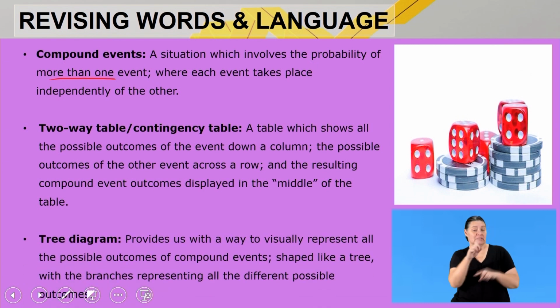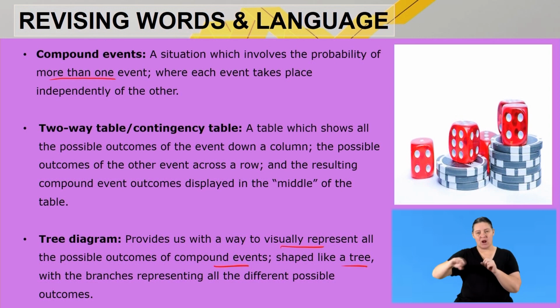And then I indicated here that a tree diagram provides us with a way to visually represent all the possible outcomes of compound events. It's shaped like a tree with the branches representing all the different possible outcomes. Okay, so there's the revising words and language that you should be familiar with.